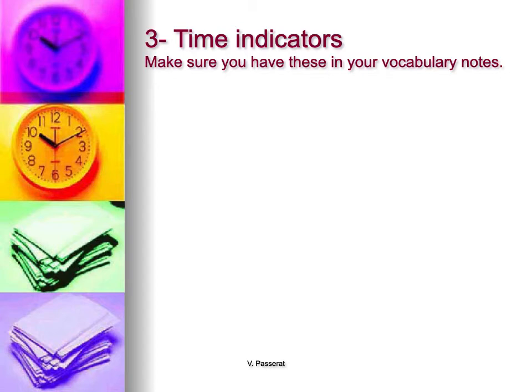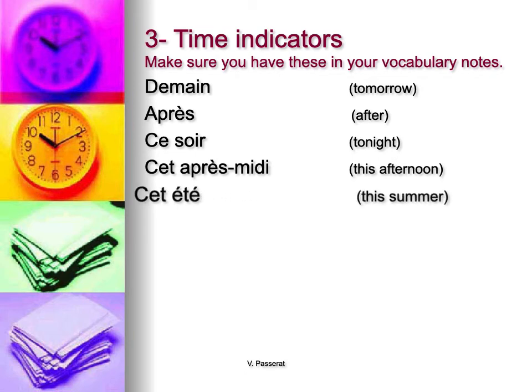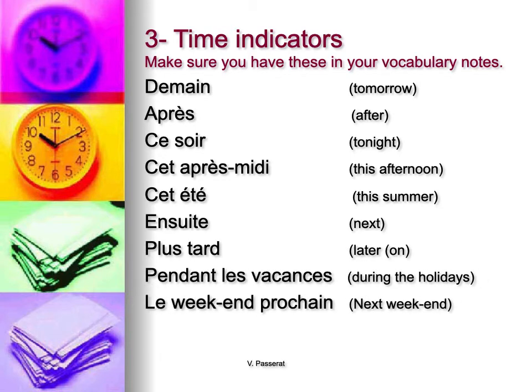So before we move on, let's look at some vocabulary expressions of time. Okay, you know these, but you may have forgotten them. We have demain, we have après, we have ce soir, we have cet après-midi, cet été, ensuite, plus tard, pendant les vacances, le week-end prochain, and l'année prochaine.